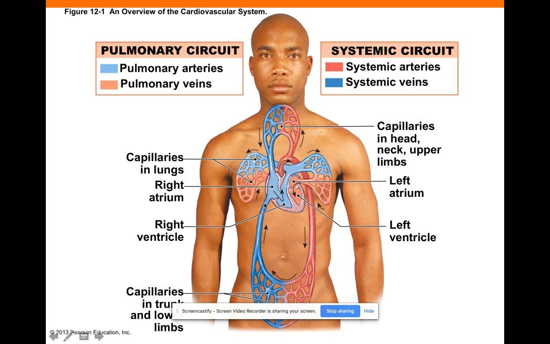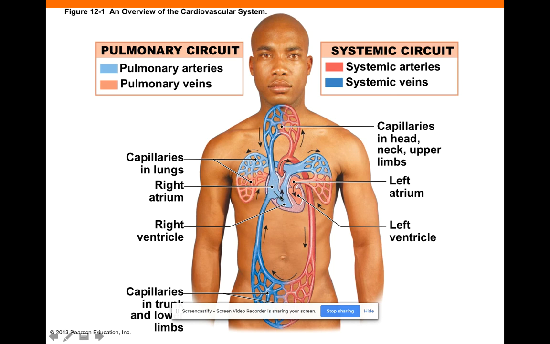So going back to this, we've got this right side of our heart in blue, and it's really going to be responsible for receiving blood from the body after it's already dropped off its oxygen and its sugar to the different cells in the body. Really, we're going to focus on oxygen here.